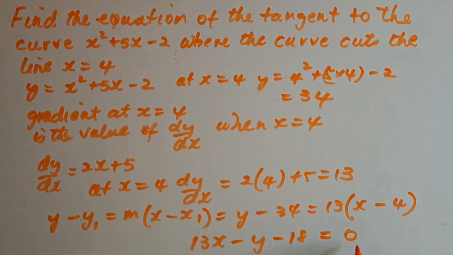So this is the equation of the tangent to the curve y = x squared + 5x - 2, where the curve cuts the line x equal to 4.